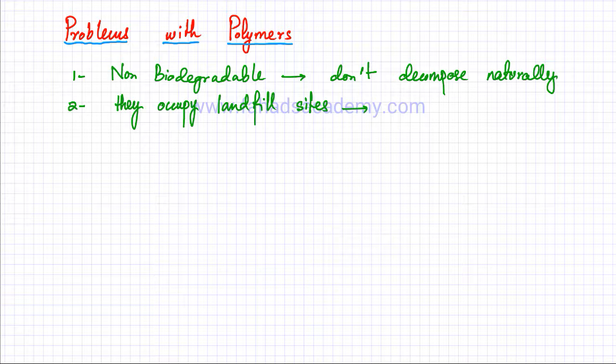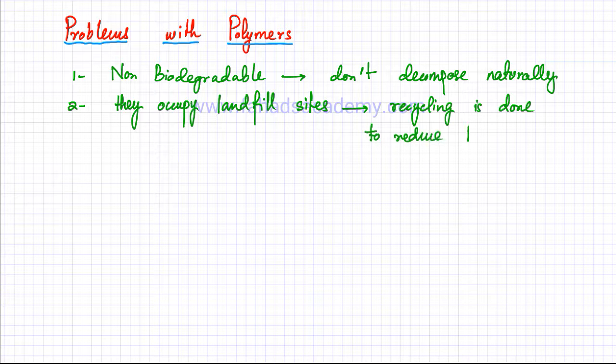So your agricultural land is going to be affected. There would be less agricultural land available for growing crops, because there would be a lot of land that would only be used for dumping plastics that have been used. So to avoid that problem, a lot of recycling is done to reduce the amount of plastics being produced.